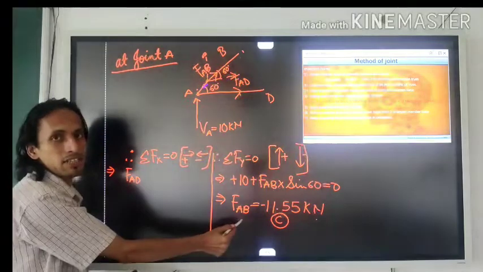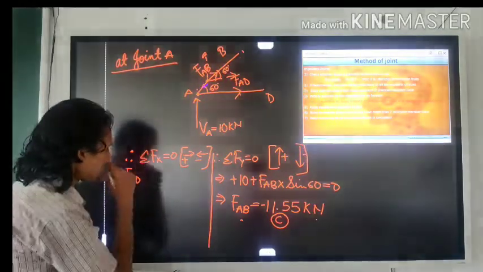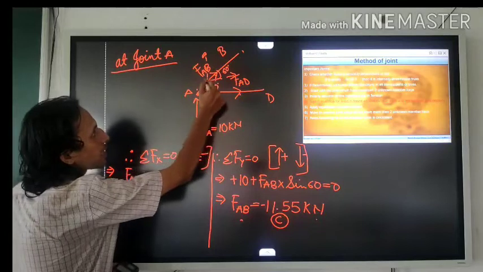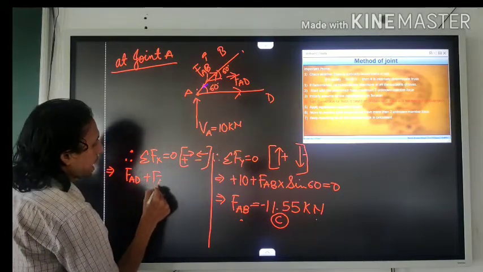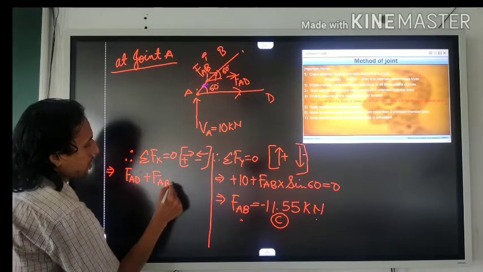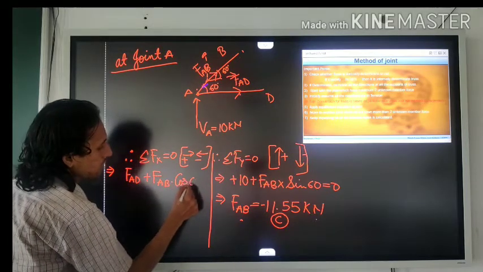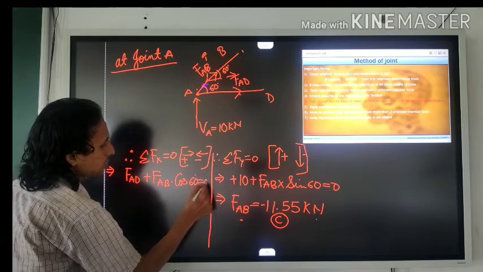And what is the value of FAB? We have already calculated this one. So it is in what direction? It is in this direction, so positive FAB dot cos 60 degree is equal to 0.